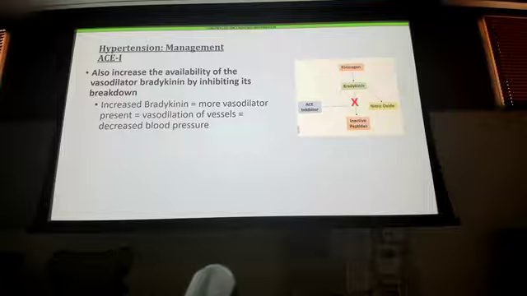So now you're seeing we're blocking angiotensin II from causing vasoconstriction, but I'm also now blocking the conversion of bradykinin to inactive, so I'm increasing the secretion of nitric oxide, which then has a vasodilatory effect. So I stop the vasoconstriction and I encourage vasodilation. So that's how ACE inhibitors can work.